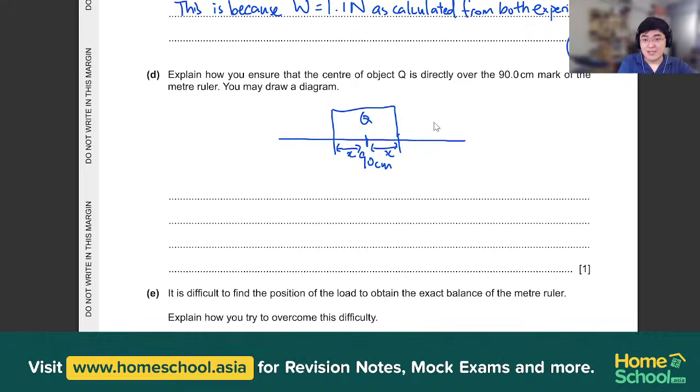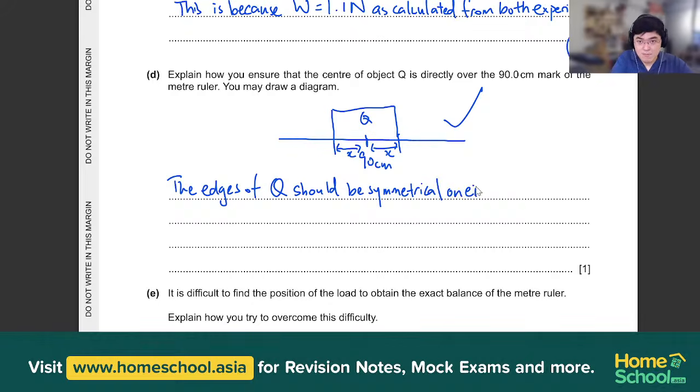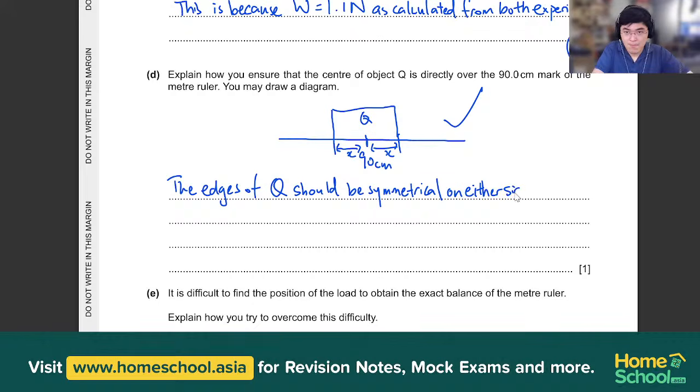So this is our diagram, okay? And we should write over here, it's quite a lot to explain, but let's keep it short and simple. The edges of object Q should be symmetrical on either side of the 90 cm mark.